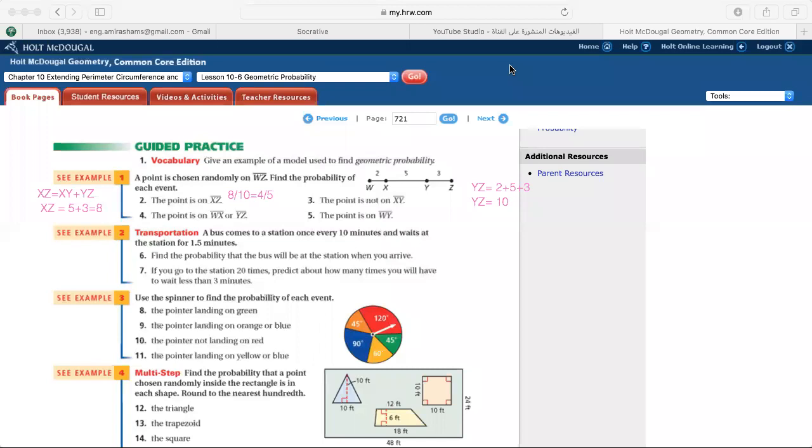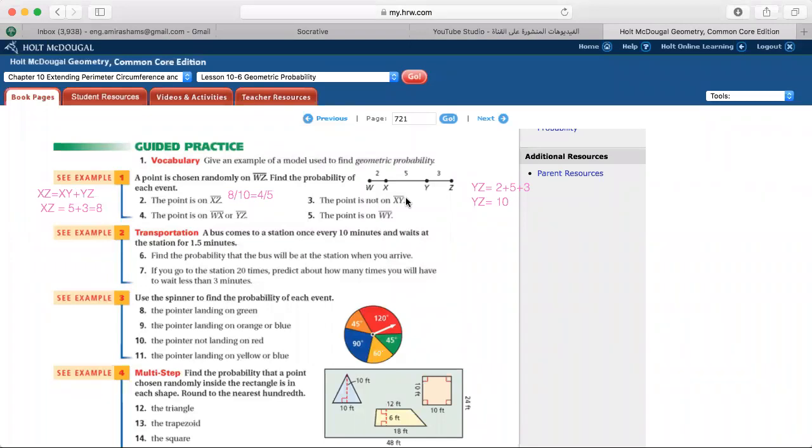Number 3: the point is not on XY, so I'm going to exclude XY from the total. It is not on XY, so it is on WX and it is on YZ.